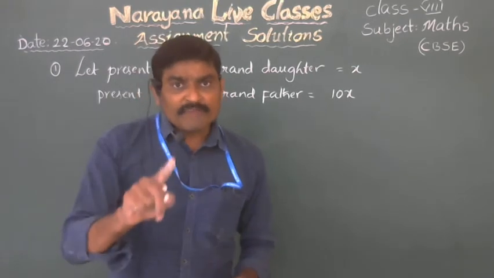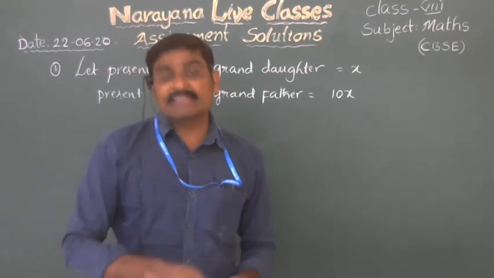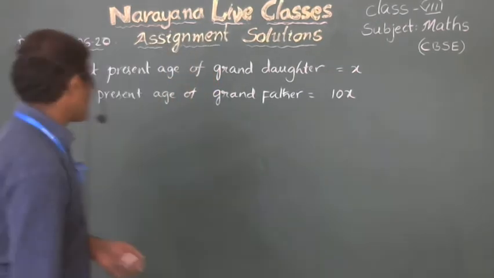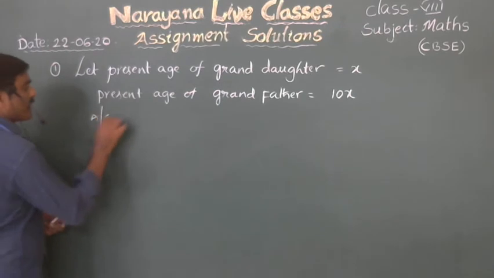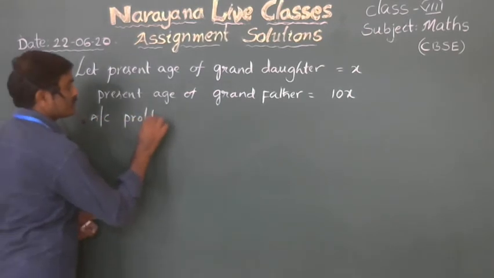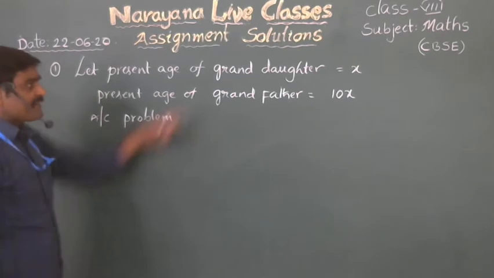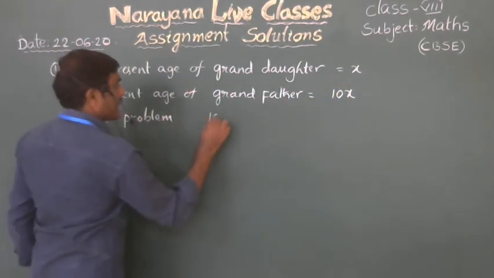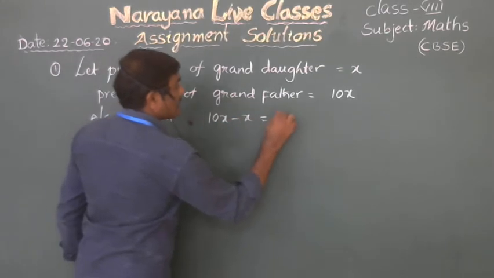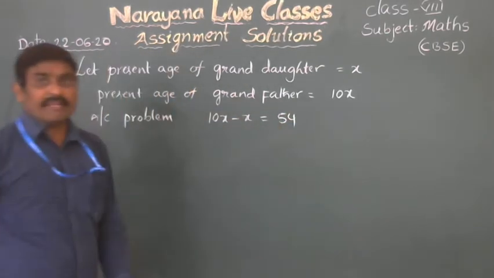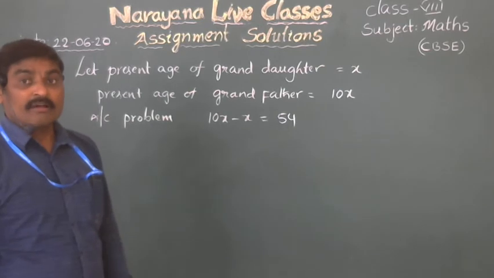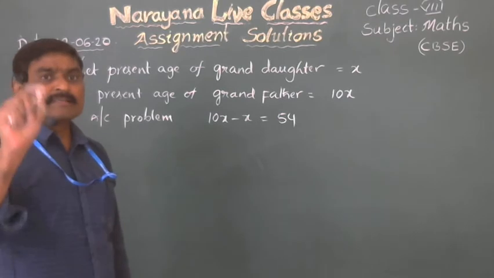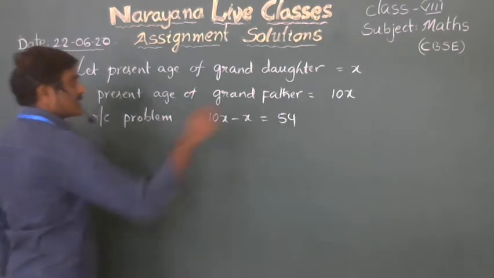So according to the problem, the difference between their ages means 10x minus x, which is equal to 54.